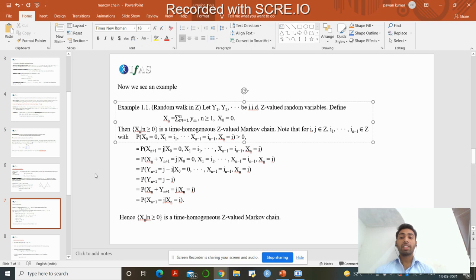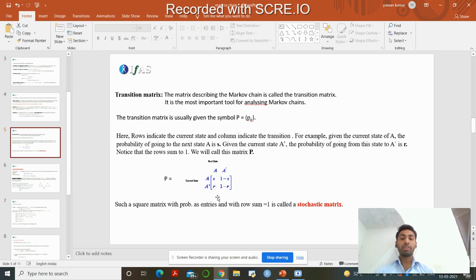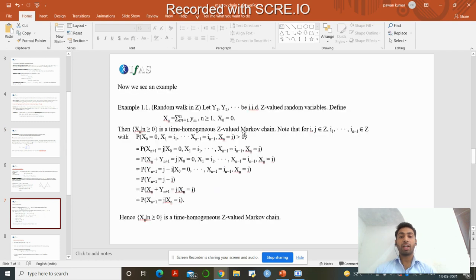I will introduce a remark: all the entries of this transition probability are greater than 0. No negatives, all are positive. Remember that. In this example, all the probabilities pi are greater than 0.